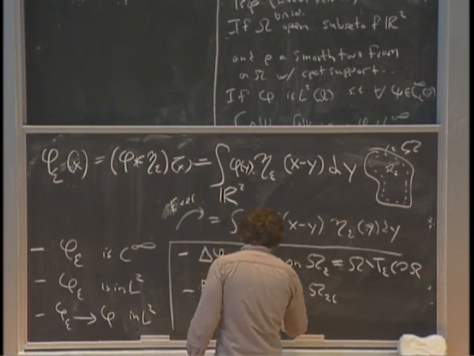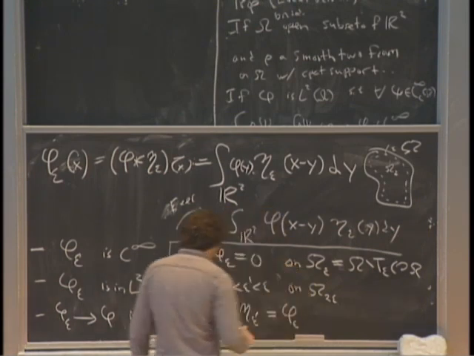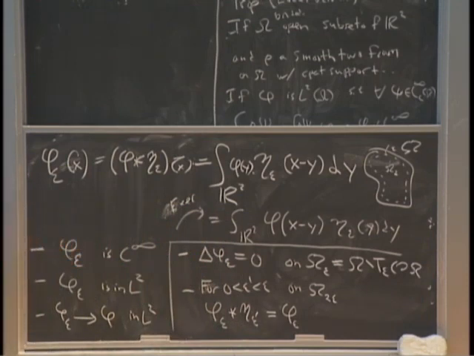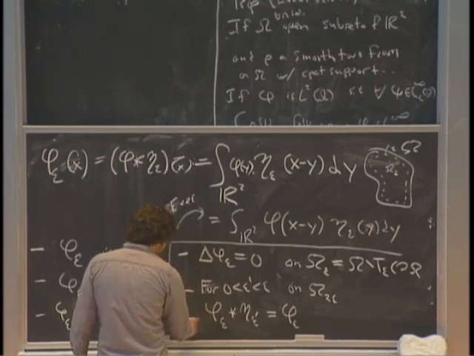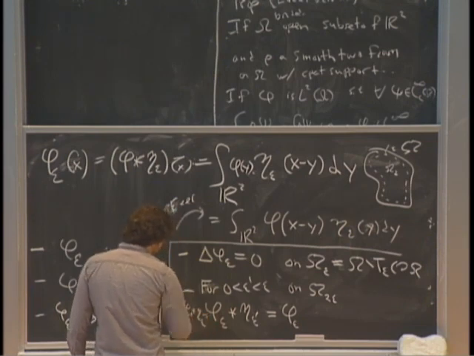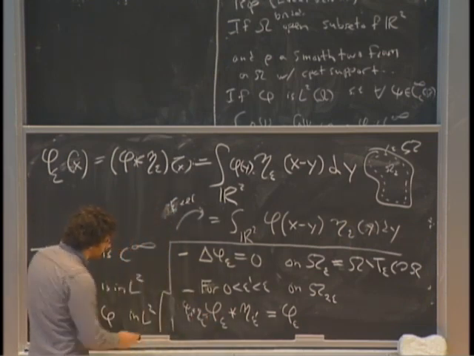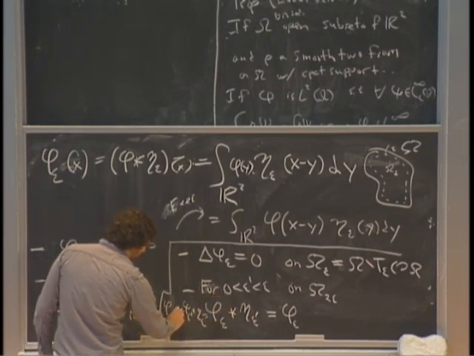is the same as taking the convolution of phi epsilon, but it's also the same as taking phi epsilon prime convolved with eta epsilon, which by a symmetry argument is also going to be phi epsilon prime.